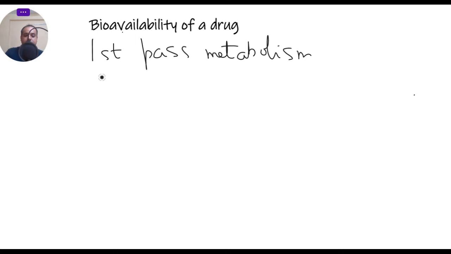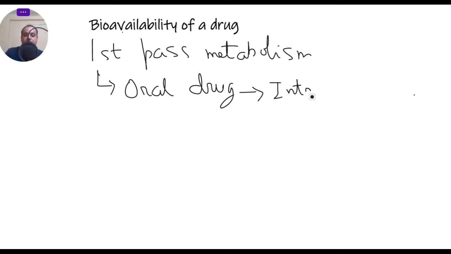So we are just going to have a nutshell view on this topic. So again, let us come to a scenario where we have given an oral drug, right? Oral drug. As I've already said, that drug will preferably be absorbed from the intestine and will ultimately reach the systemic circulation, right?